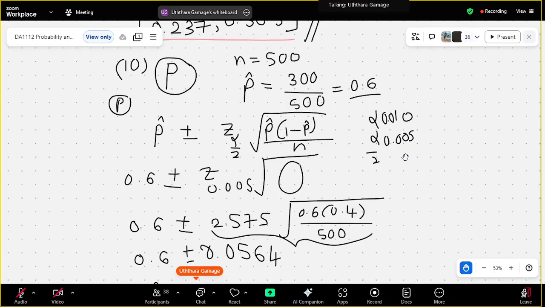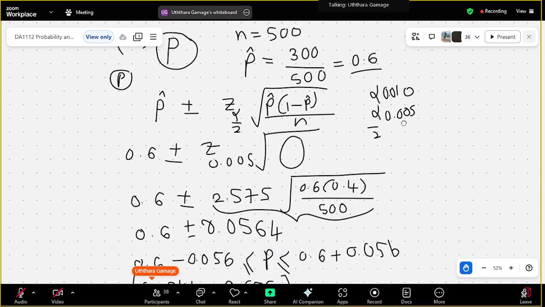So 0.6 minus 0.056 to 0.6 plus 0.056. So that means 0.54364 to 0.6564.